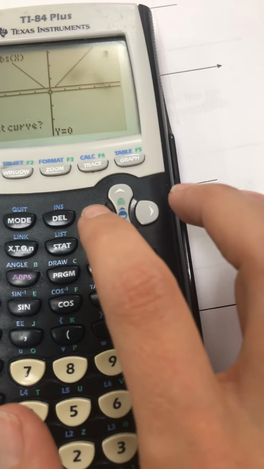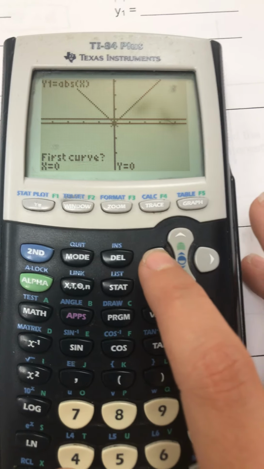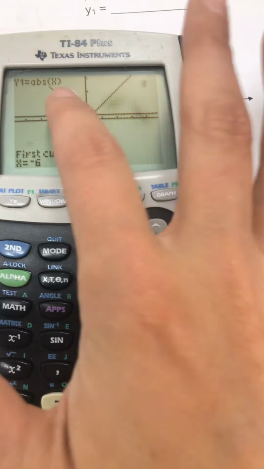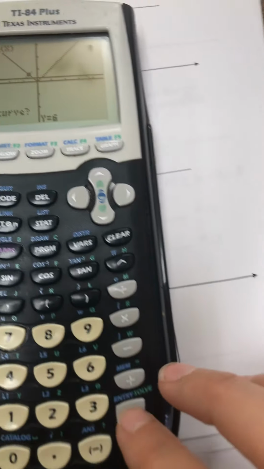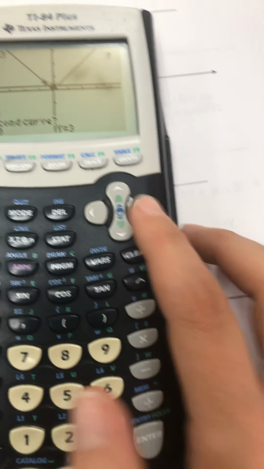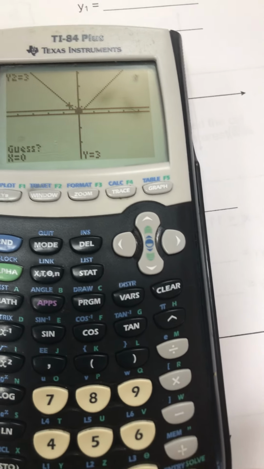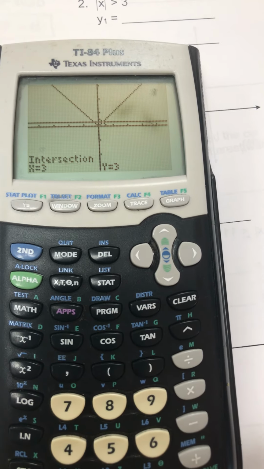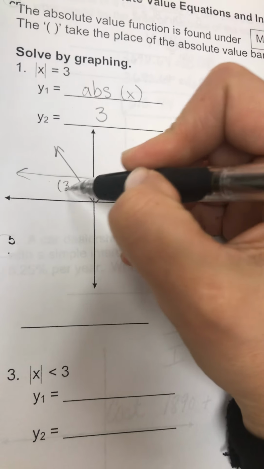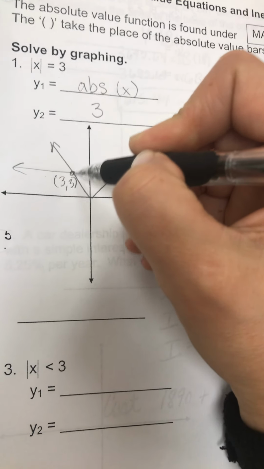Your first curve crosses twice, so we're going to go to the left of the point, hit enter, and then go to the right of the point, hit enter, enter. So the first point you get is 3, 3. I'm going to put it on my graph over here. 3, 3. It's this point.